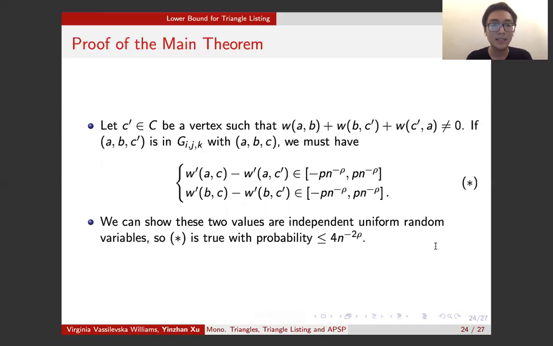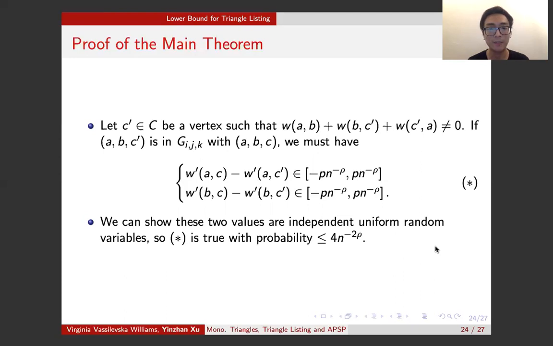So now let C prime in capital C be a vertex such that ABC prime is not a zero triangle, but ABC is actually a zero triangle. So now, in order for ABC prime to be in G_ijk, we need that the new weight of the edge AC prime is fairly close to the new weight of the edge AC.